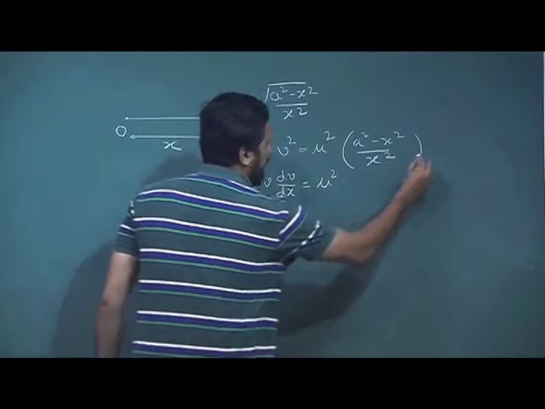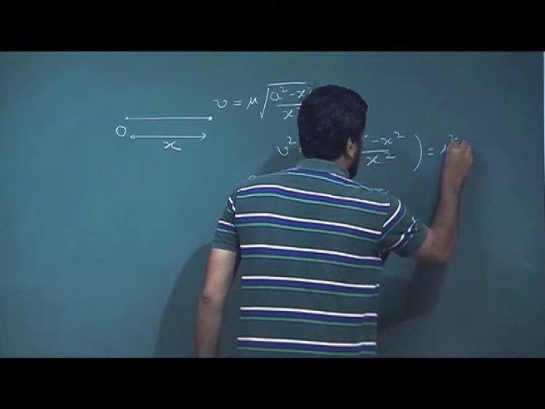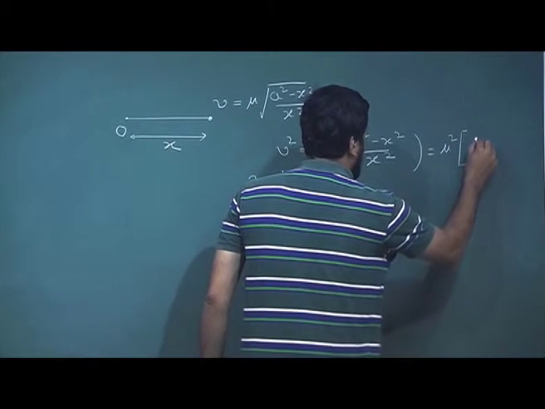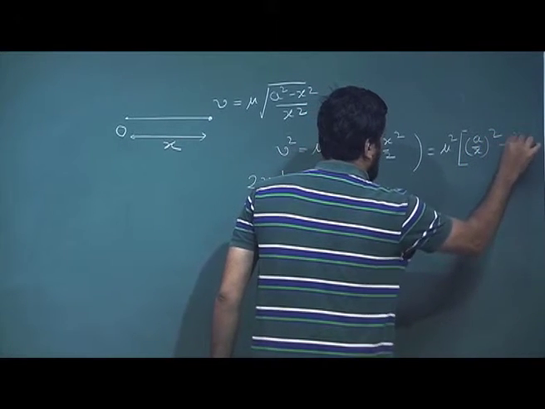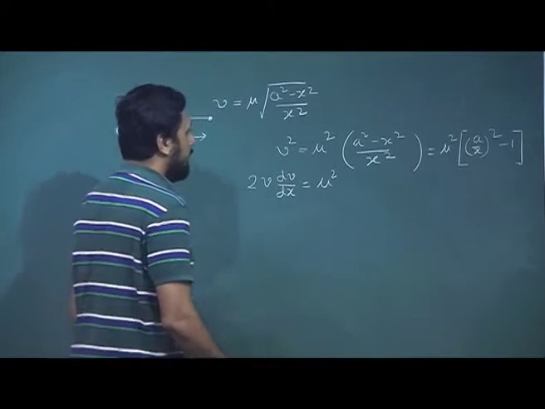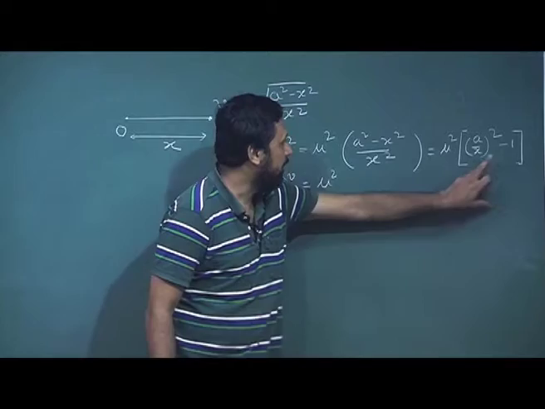First, for simplicity we can quickly rearrange this as mu square times s by x whole square minus 1. Only the first term here will contribute, the second term essentially is a constant.